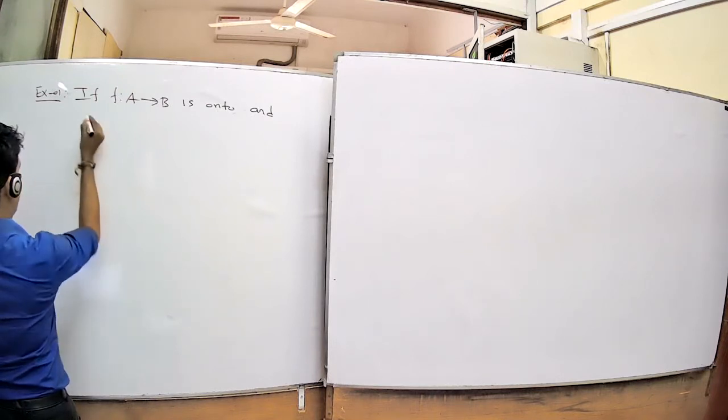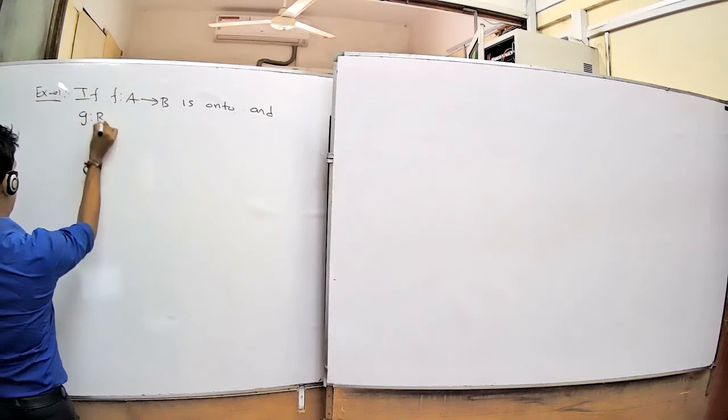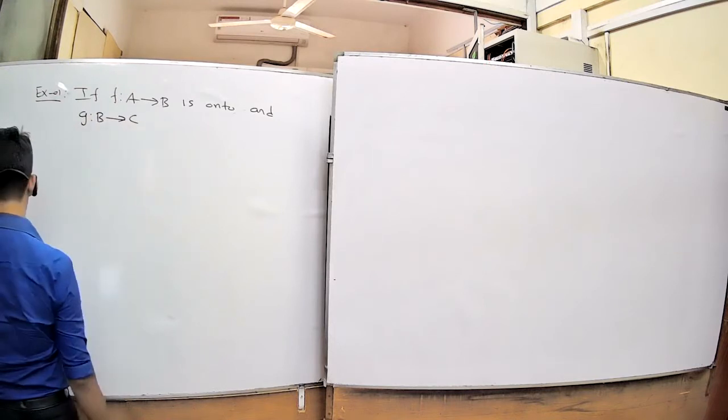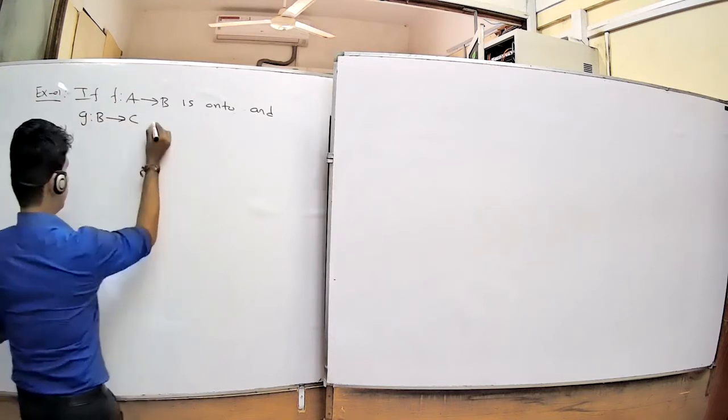And g is another function from B to C, and g from B to C is onto.